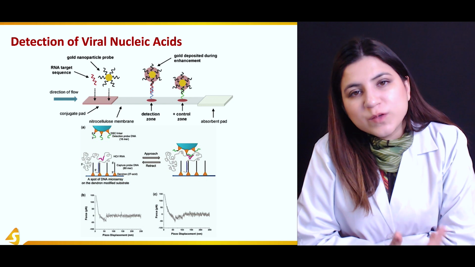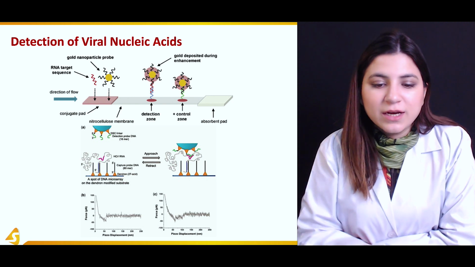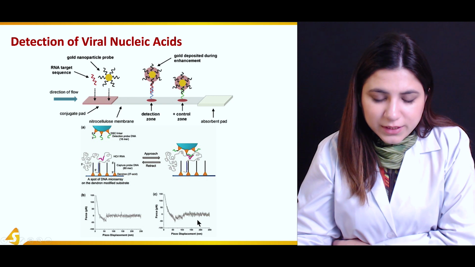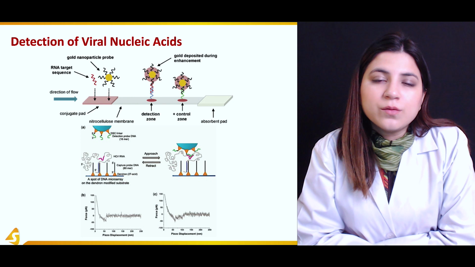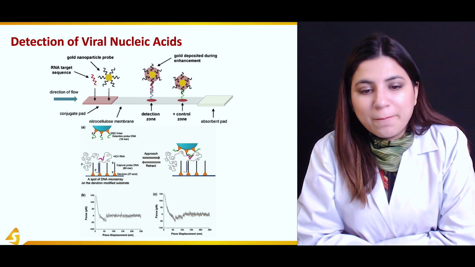It can either be visualized or we can identify the presence of virus by piezo displacement inside different charts. That basically shows the presence of a particular viral RNA or a particular viral DNA inside a sample.